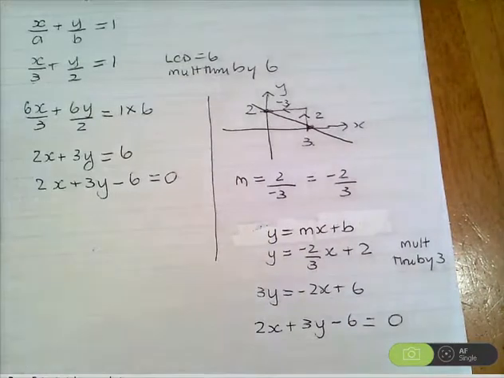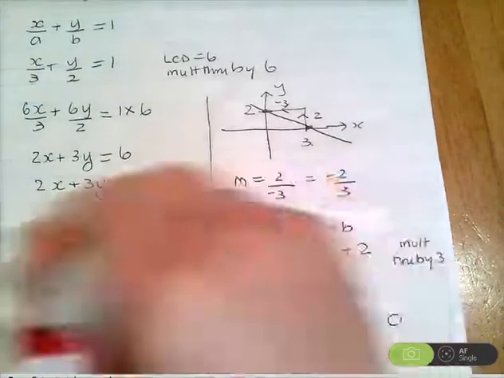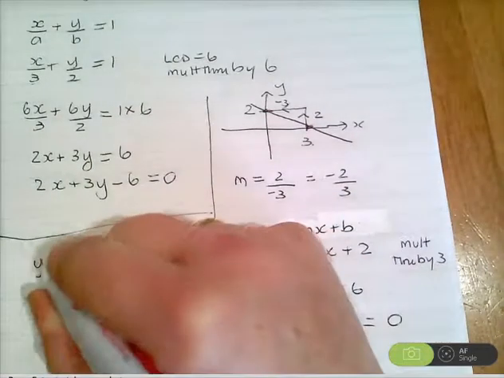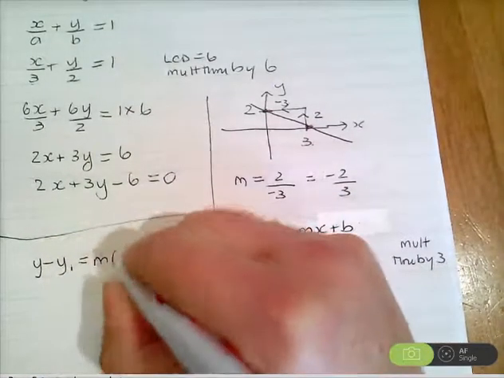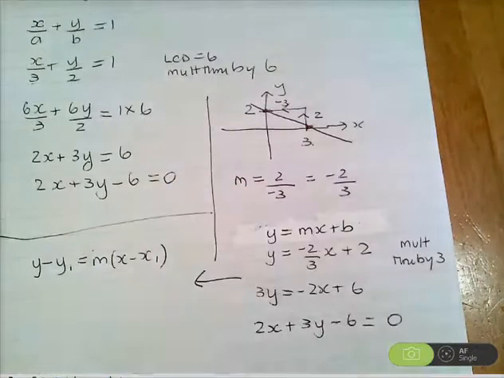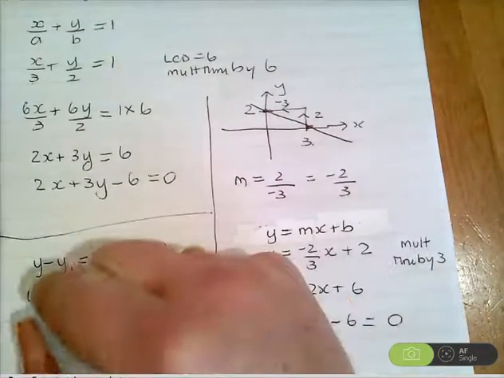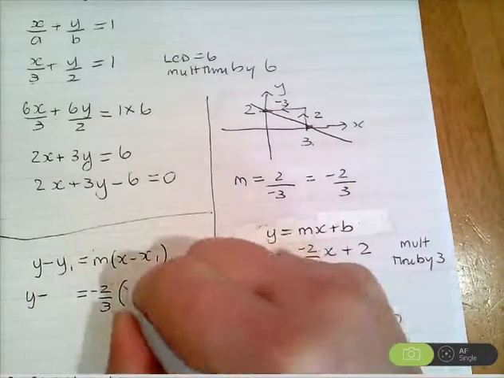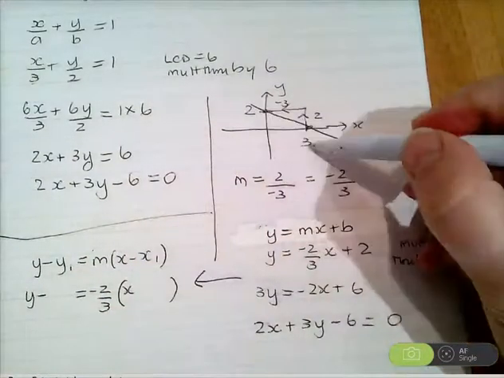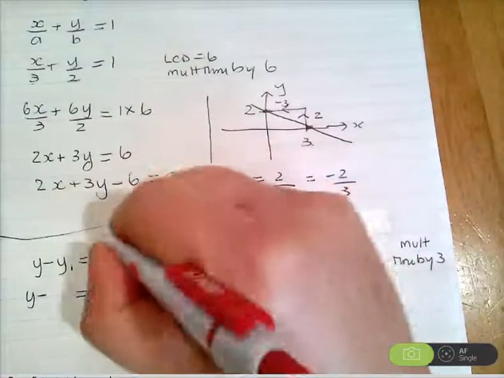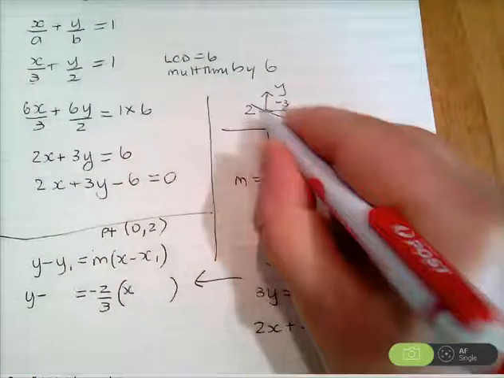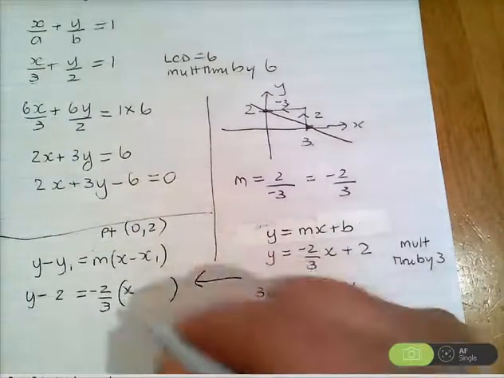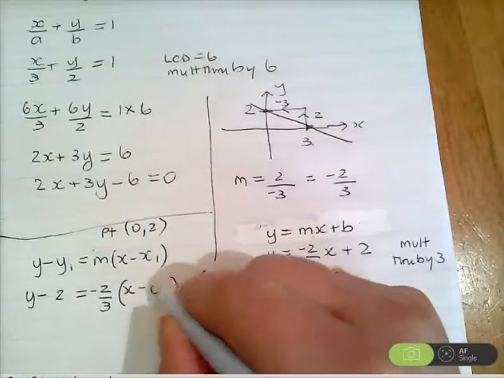Okay? And another way we could have done this is I could have used the point gradient formula. So I could have gone y minus y1 equals m bracket x minus x1. So here my gradient I know is negative 2/3. Now my point that I use could either be the point 0, 2 or the point 3, 0. So I'm going to use point 0, 2, the y-intercept, and I get y minus 2 equals m bracket x minus 0.